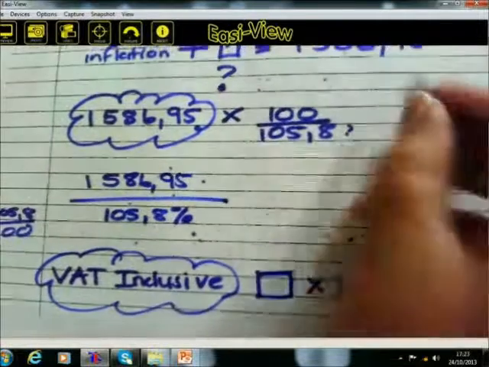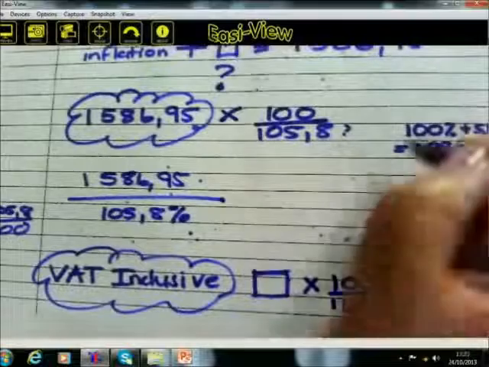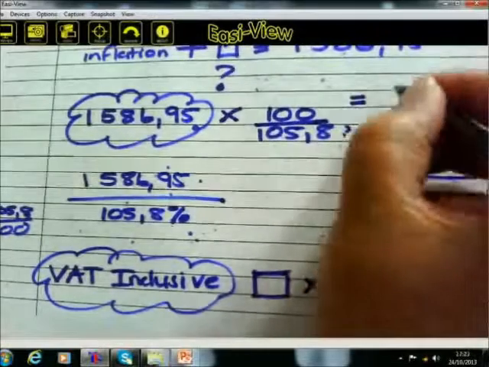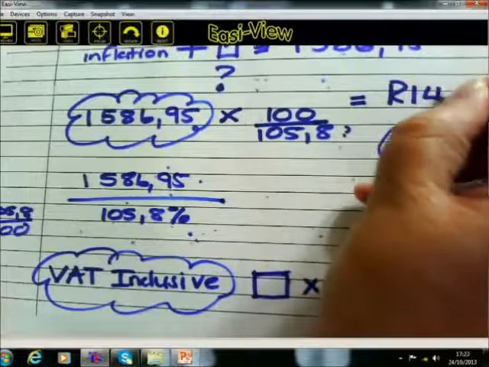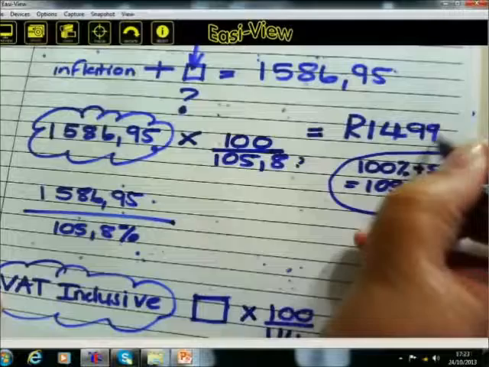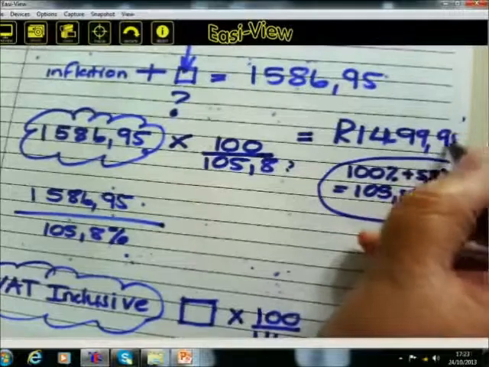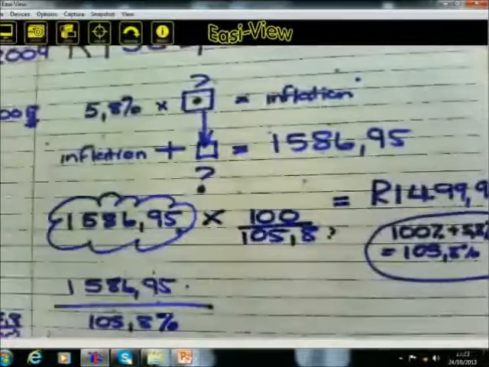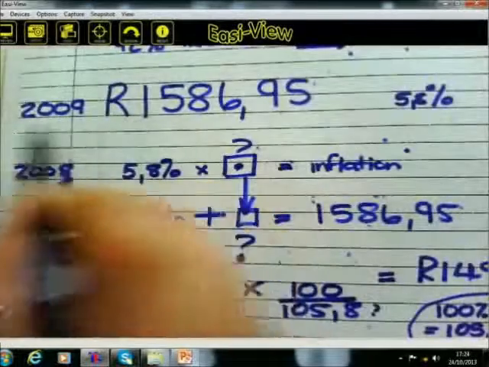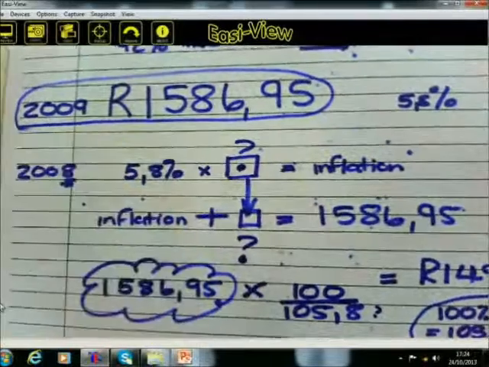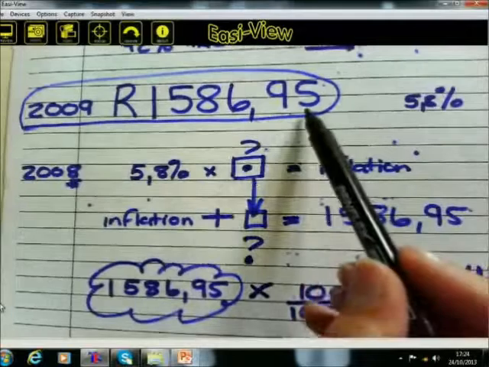And if I calculate that, sorry, let me just put that aside. It will give you 1,499 Rand 95. So that bicycle in the second year, in 2009, was 1,586 Rand 95.